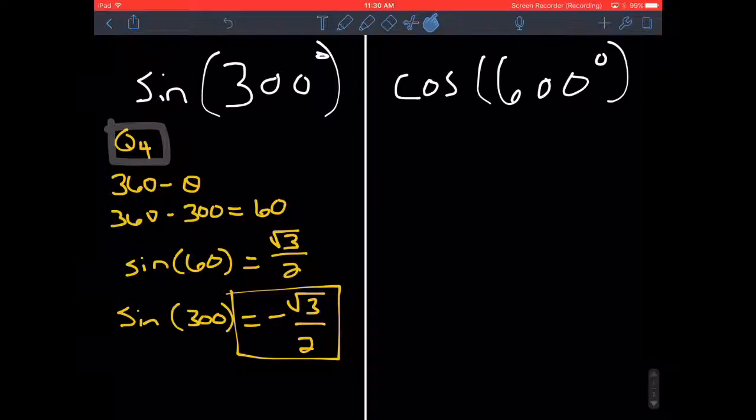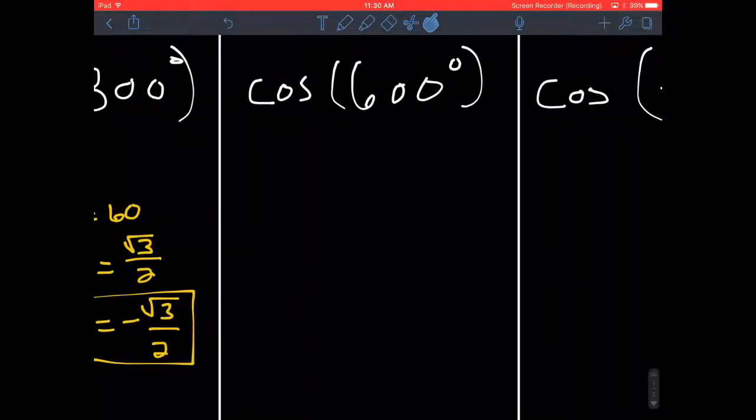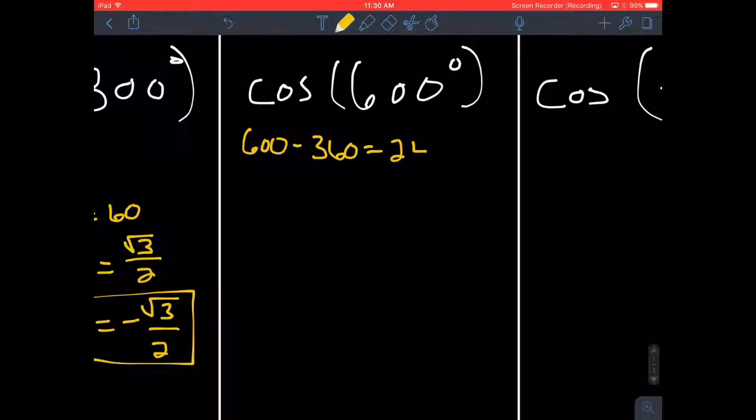Here in our second example, we have cosine of 600 degrees. Since this angle does not exist within our range of 0 to 360, we must find a coterminal angle that does. So when I take 360 away from 600, I'm going to get 240. This angle lies within the third quadrant, so that means that to find the reference angle, I'm going to do my angle minus 180. When I do this, I'm going to have 240 minus 180.